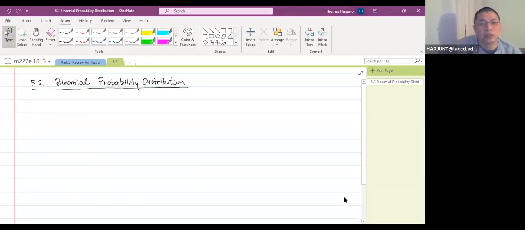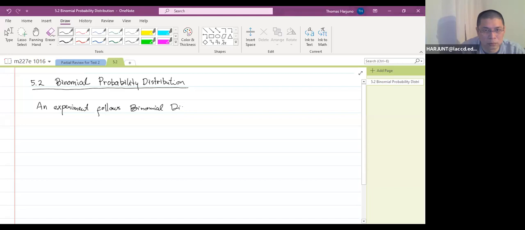Binomial probability distribution. An experiment follows a binomial distribution if it satisfies all 5 of these requirements.